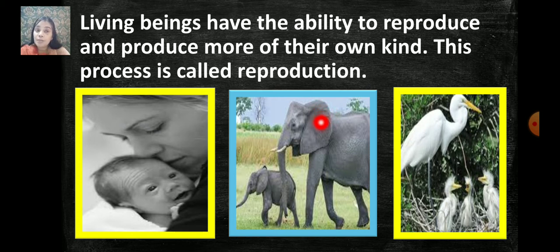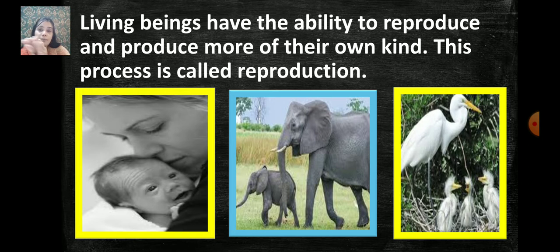So what is reproduction? Does an elephant give birth to a lion? No. Does a bird give birth to an elephant? No. It just reproduces its same kind. A human being gives birth to a human being, that is a baby.